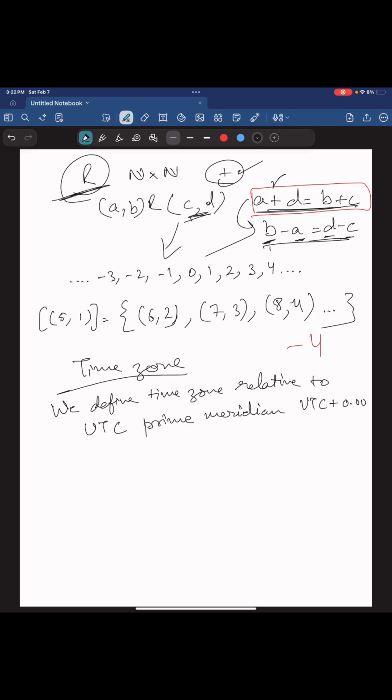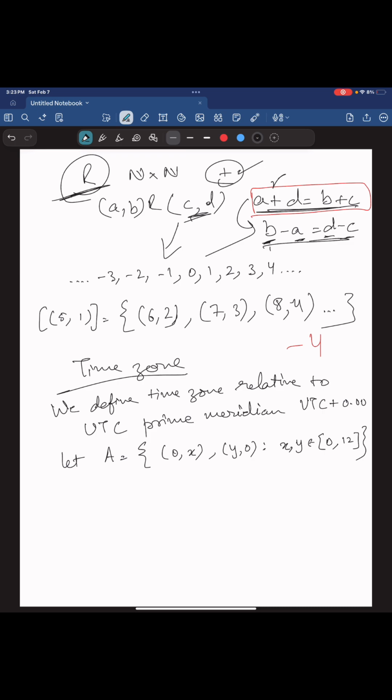So I'm going to define a set. Let A be a set of ordered pairs (0, x) and (y, 0), such that x and y belong to the closed interval 0 to 12.